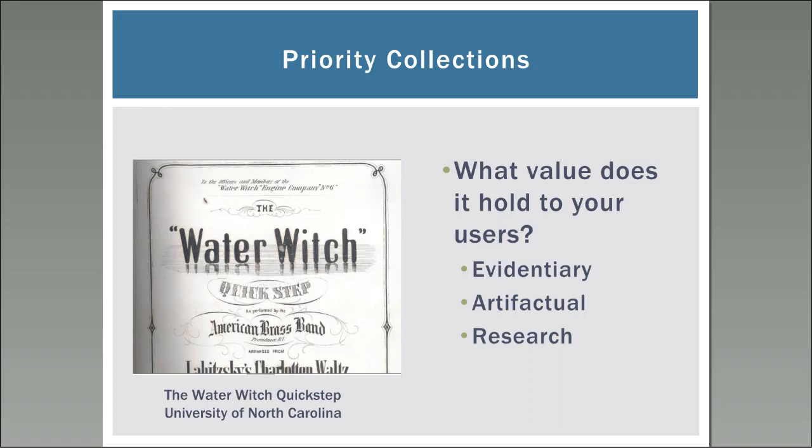But it's important to realize that we've already decided some collections are more important than others, because we've lost many collections over the years because they were not kept. So reevaluating your collections, trying to put them into some kind of system of prioritization, is not a new activity that you're engaging in.